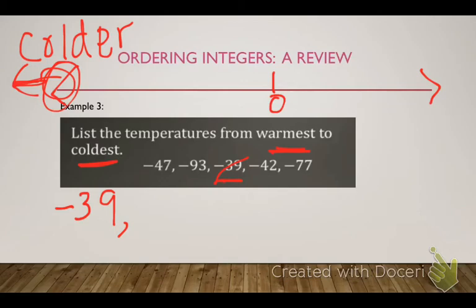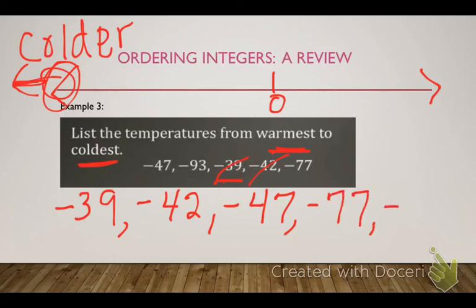Then the next one would be -42. Let's see, then it would be -47, -77, -93.